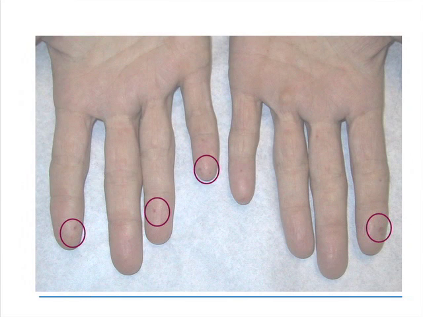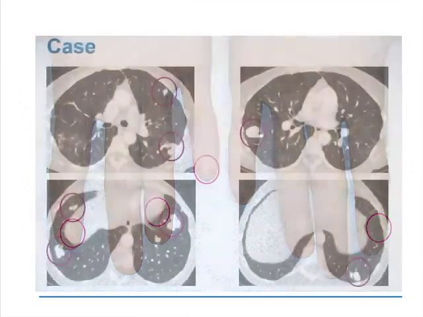So these are her fingers, and as you can see, she's got these telangiectasias here, here, here, here. Like I said, the chest X-ray showed multiple lesions, and whenever multiple lesions are noticed, HHT should always come to the top of the differential diagnosis list.